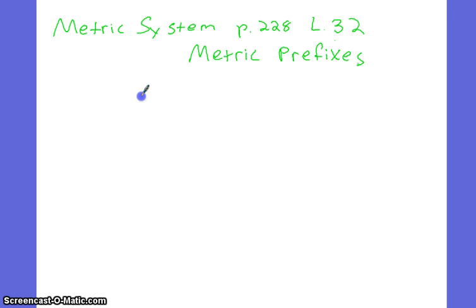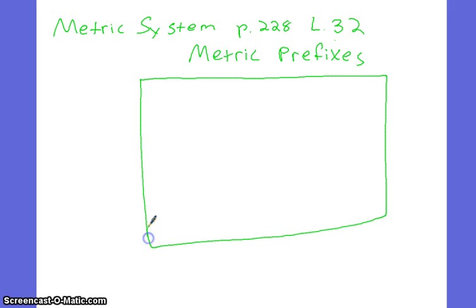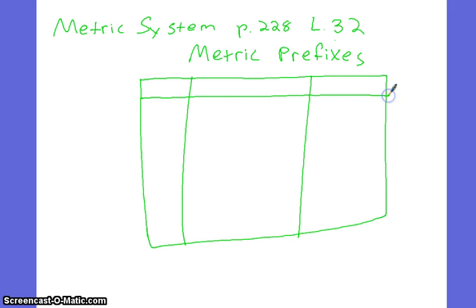Okay, so if you make a 3-column chart in your notebooks, and man, I don't draw well, we'll title each column different things. So we have prefix, and we'll have unit in the middle, and we'll have the relationship on the right. Okay, 3 different things.